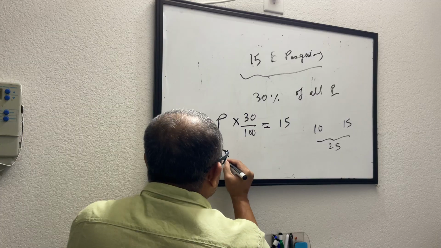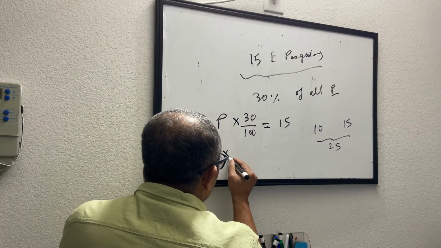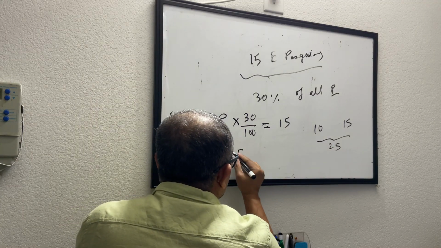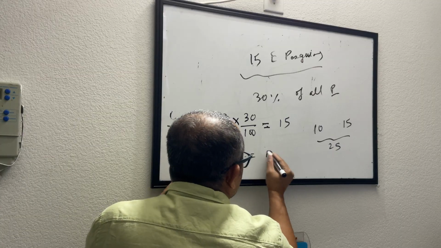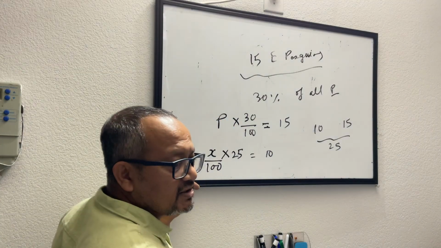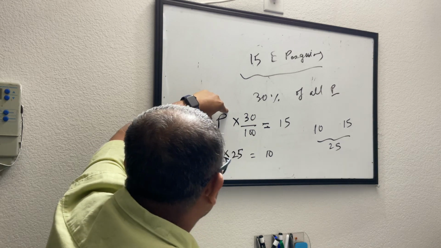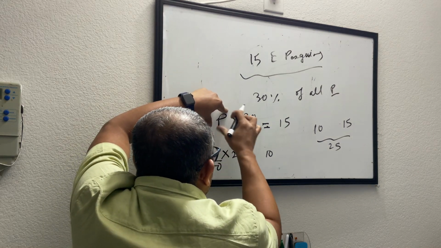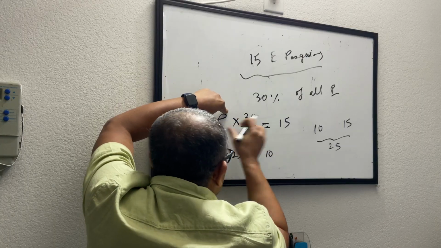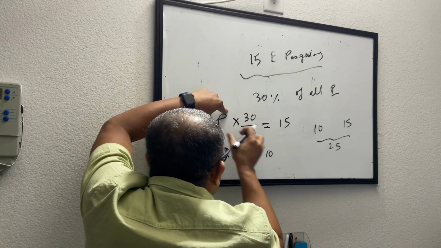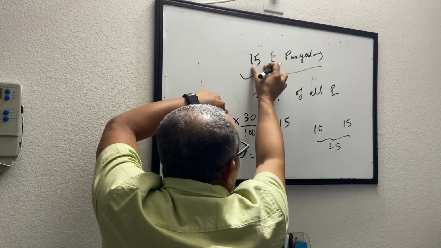So X percent of total number of kids is equal to the number of boys. Same thing here. Here we are trying to find out how many kids. So 30% of how many penguins? 30% of the penguins is equal to emperor penguins.